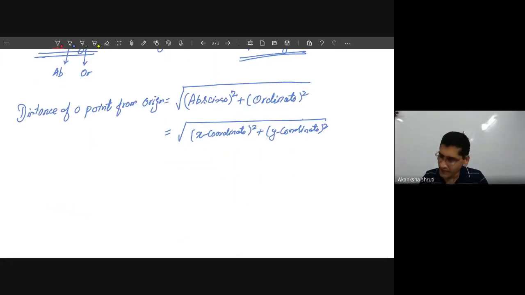So this was what? Distance of a point. Means if a single point is given, it simply means its distance from the origin. But if some other point is given and one person is interested to know the distance of that point from the other point, then how is it calculated? So that we have to know.